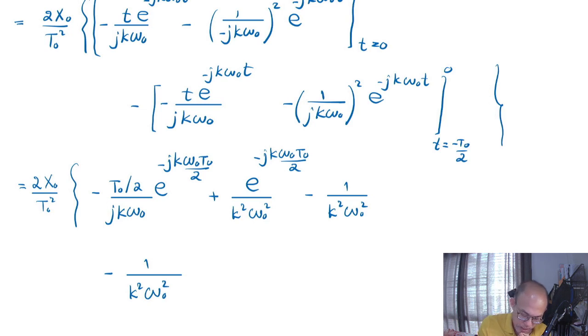And the last one is this guy. So I have to plug in t equal to minus t0 over 2. This one will be positive, but I have minus here, so I have minus t0 over 2 over j k omega 0, and then e to the j k omega 0 t0 over 2.